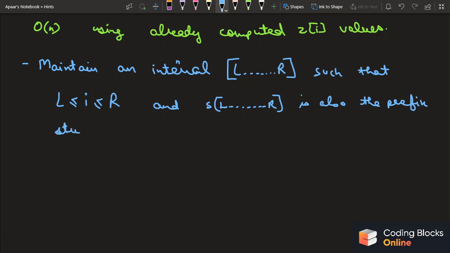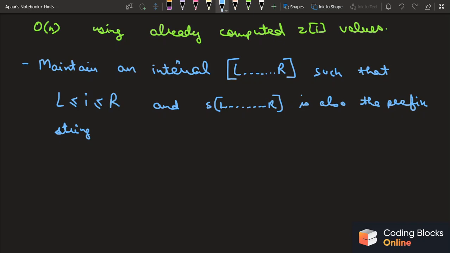Okay, so don't worry, I'll also explain this in much detail, and we'll also go over examples for this. So what we'll always do, we'll try to maintain an interval such that it starts somewhere behind or equal to I, the current index, and it ends somewhere on the right hand side of I, right. And it's quite possible that this interval does not exist.